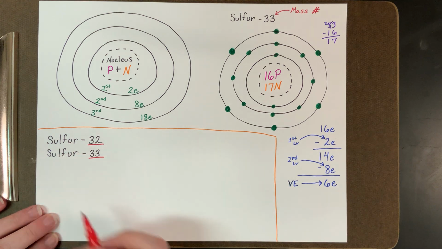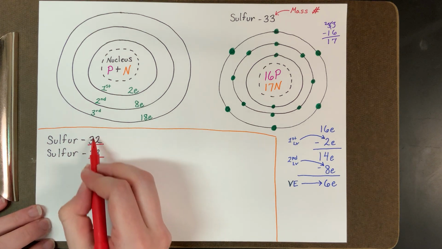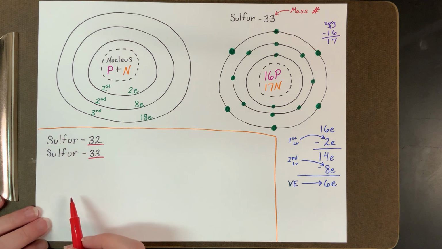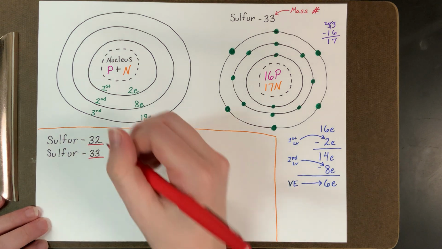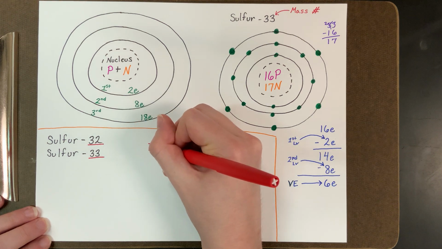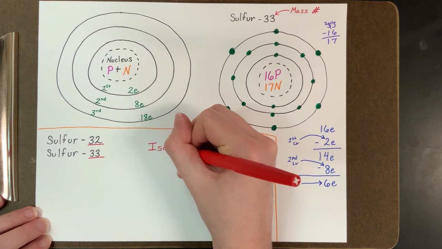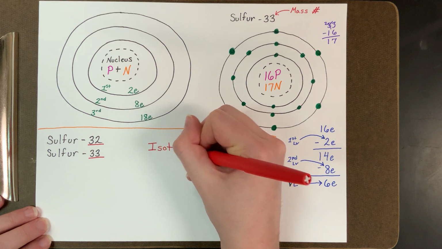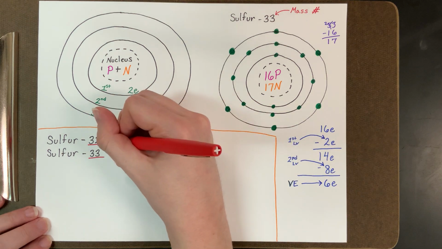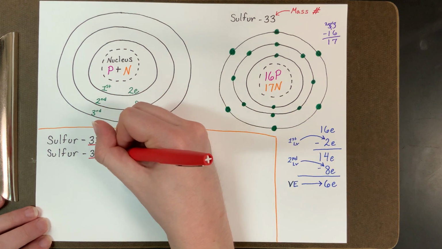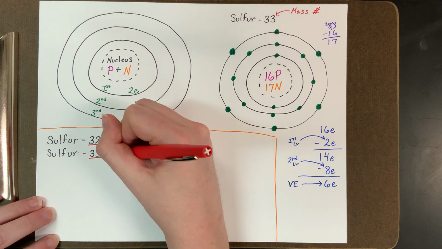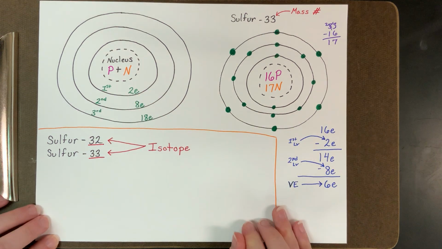So when my element is the same and my mass number is different, or when my protons are the same and my neutrons are different, I have what is called an isotope. So these two atoms of sulfur 32 and sulfur 33 are isotopes of each other.